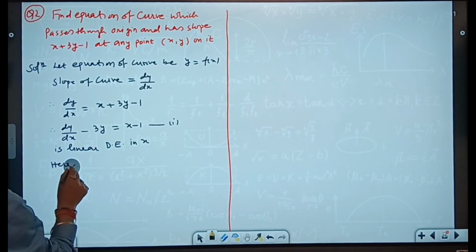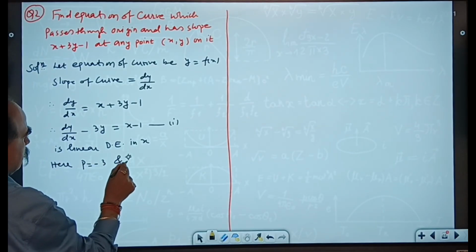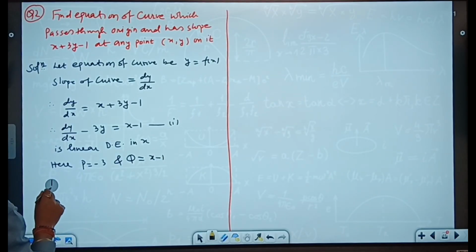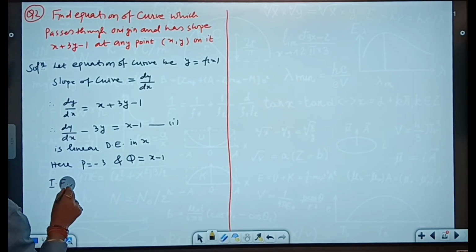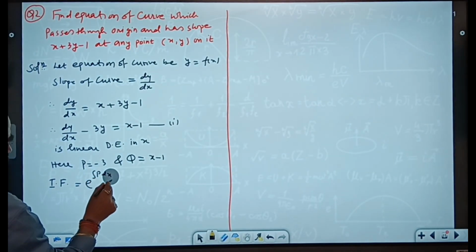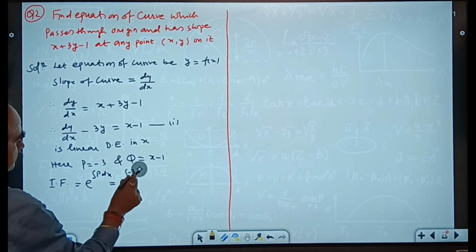Here, p is minus 3 and q is x minus 1. Integrating factor is what? e raised to integral p dx, e raised to integral minus 3 dx.